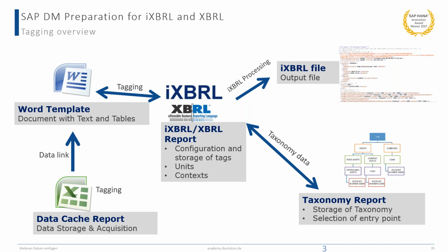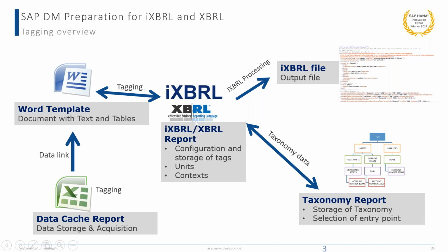In the context of US SEC, you have base taxonomies and extended taxonomies, or also you can have extended taxonomies not because of the regulatory body, but because you are operating in a specific industry.